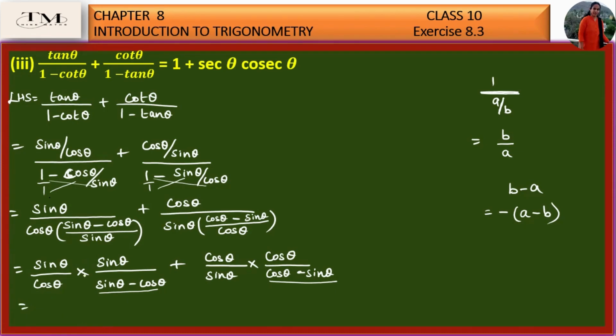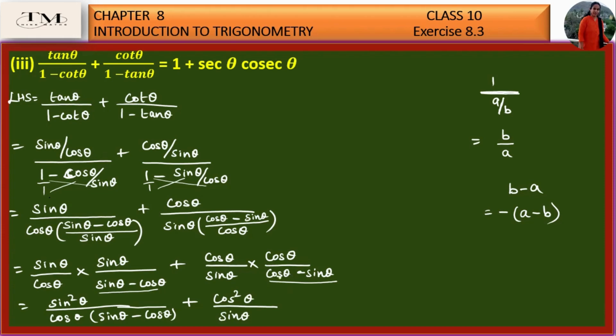So sin into sin is sin square theta, divided by cos theta into sin theta minus cos theta. This is the first part. Plus cos theta into cos theta is cos square theta divided by sin theta.